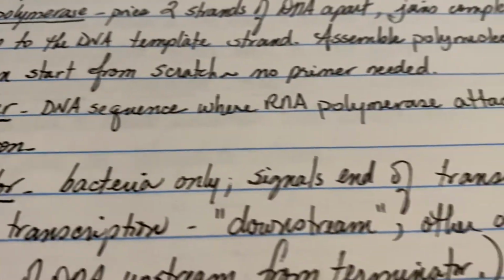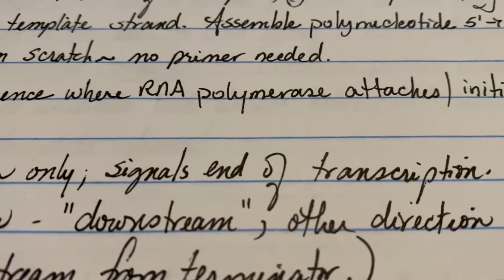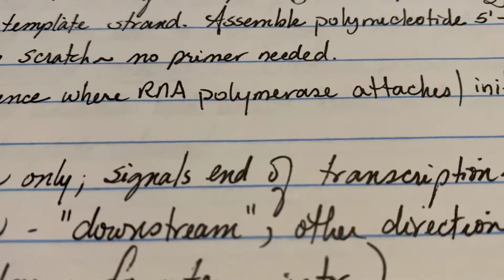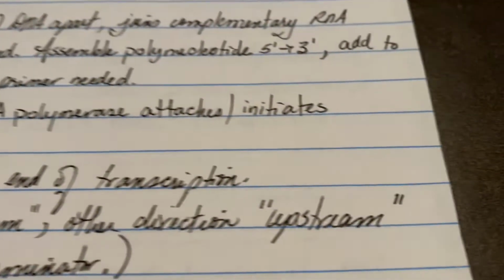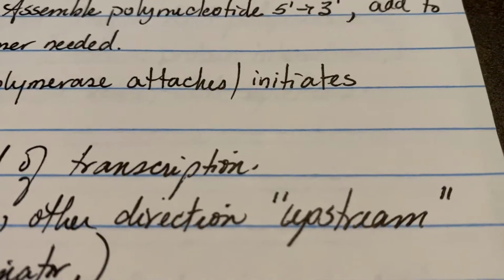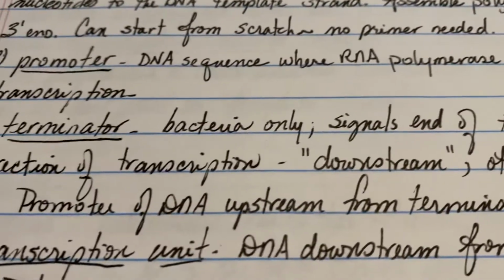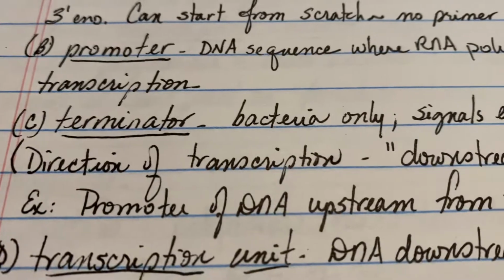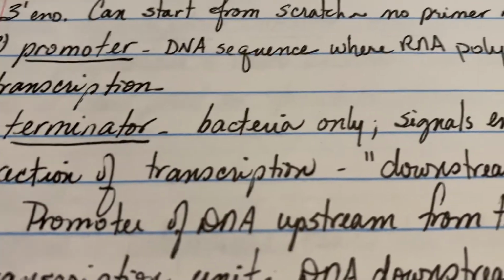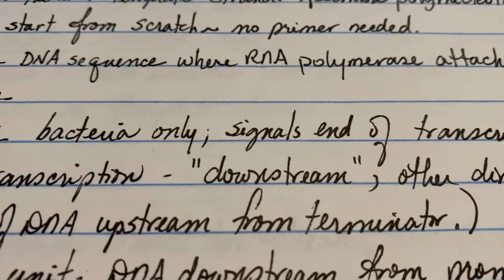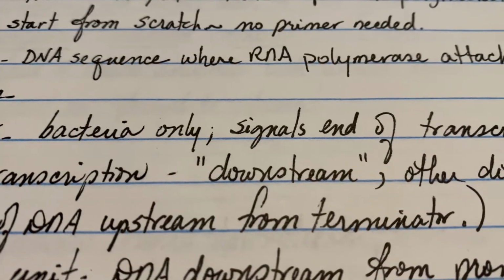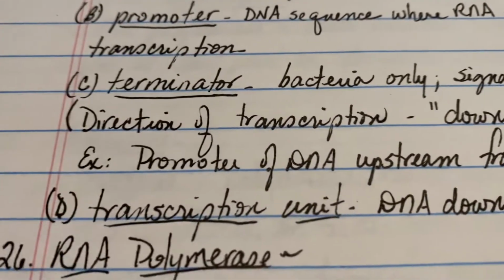And remember, the direction of transcription is always called downstream. The other direction is called upstream. For example, the promoter of DNA will be upstream from the terminator. That's the way that you would use those terms.